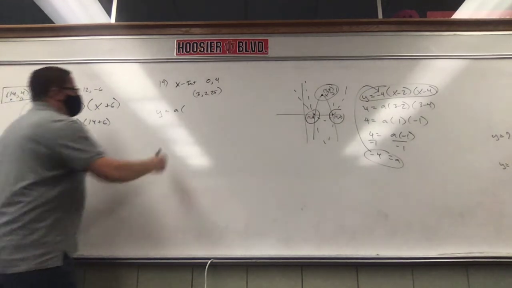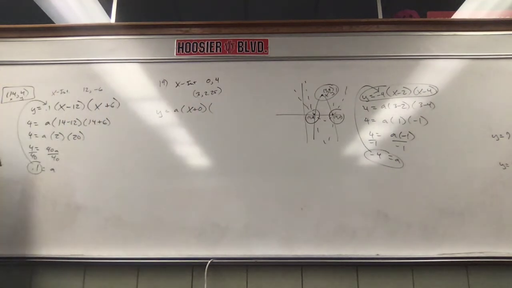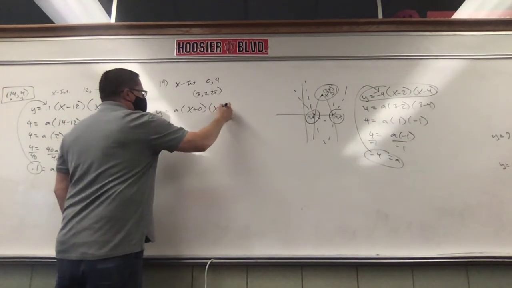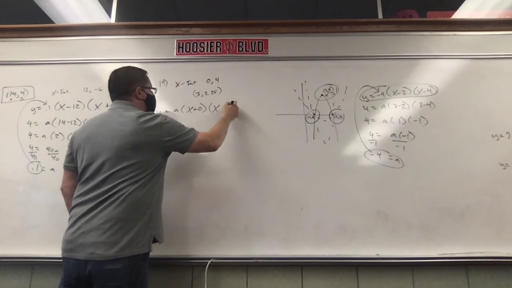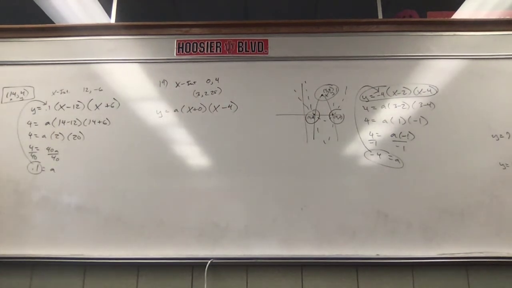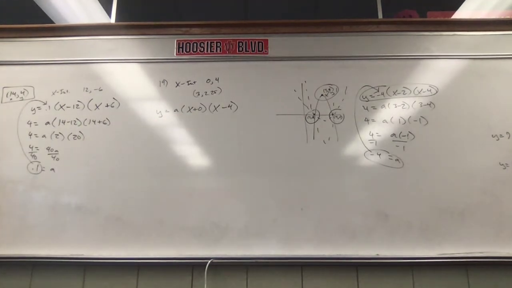Okay. So I'm going to put x plus 0. If you want to put x minus 0, it doesn't matter. And then if 4 is our x-intercept, I'm going to put what, x plus 4? No. x minus 4. Okay. And again, if you're sitting there wondering why it's not x minus 0, it doesn't matter. It really doesn't matter.